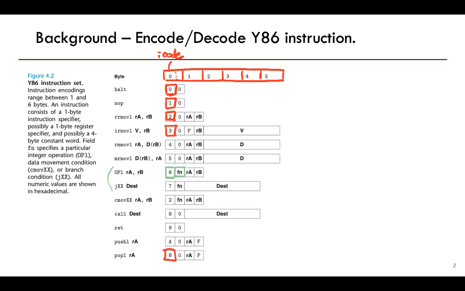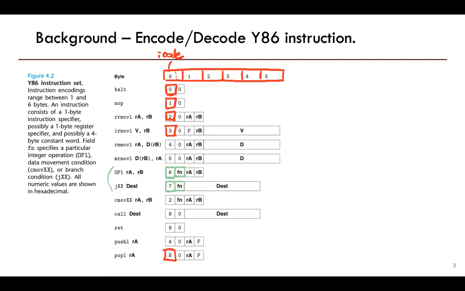It is called function, and the same goes for the jump instruction, right? So icode is 7, but there are many types of jump instructions. To identify jump instructions, we use fn, function, okay?